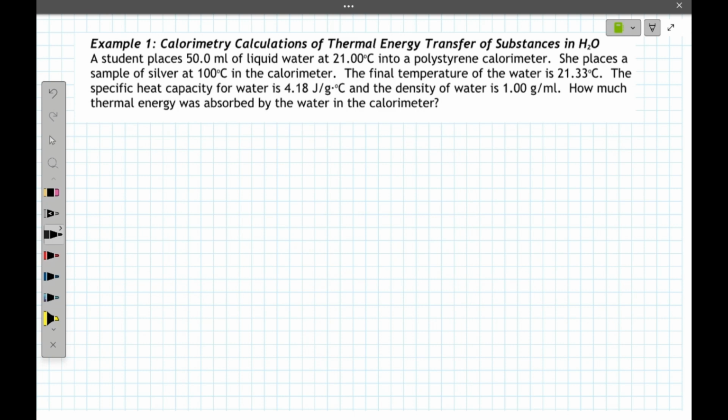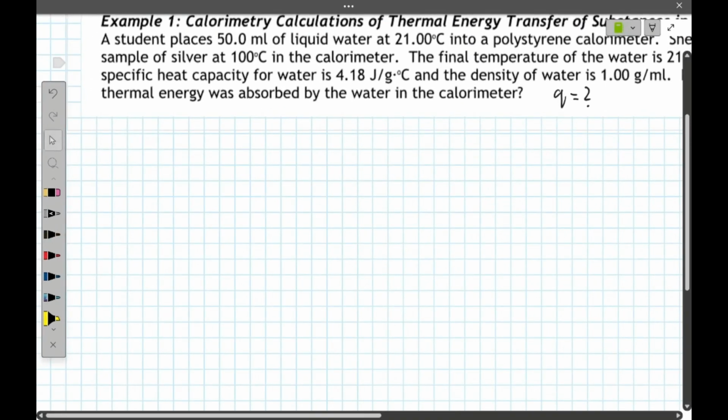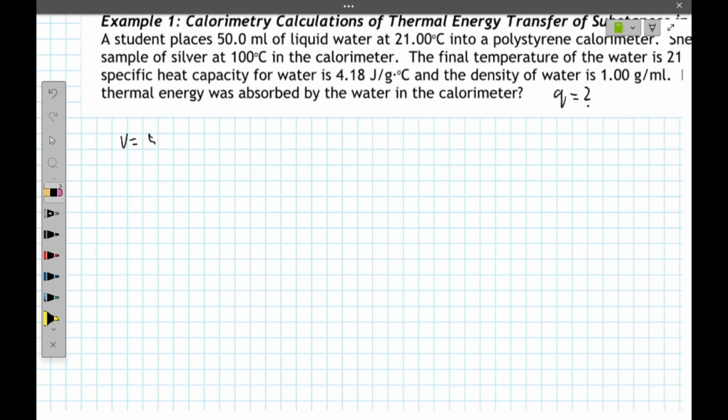So first, let's understand what we're looking for. What we're looking for is Q. Now that we know what we're looking for, let's list down the information that we have. We are given the volume of the water. So volume is equal to 50 mL.